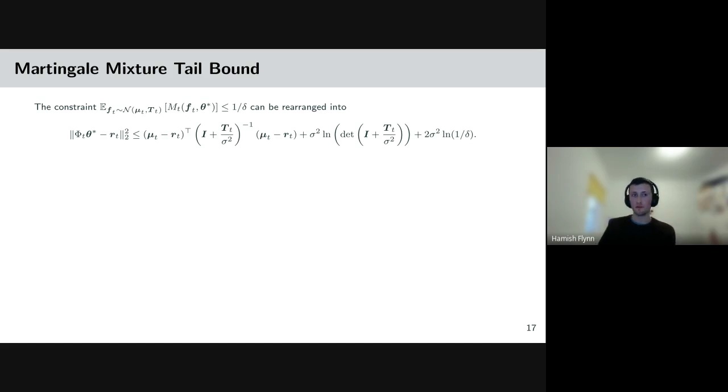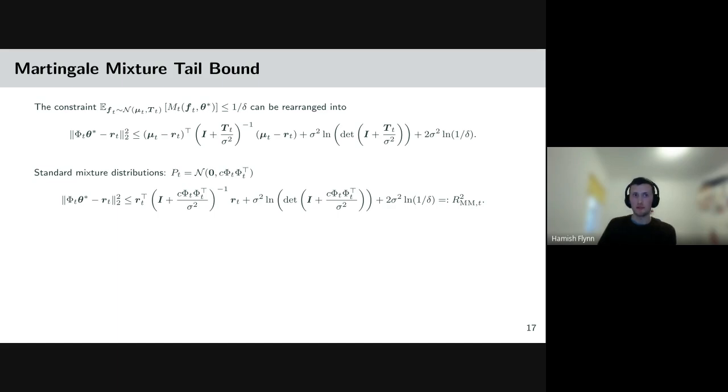So the dominant term in the squared radius is the first term, which is the weighted squared difference between the mean vector mu and the reward vector rt. And then the covariance matrix balances the impacts of the squared difference term and the second log determinant penalty term.